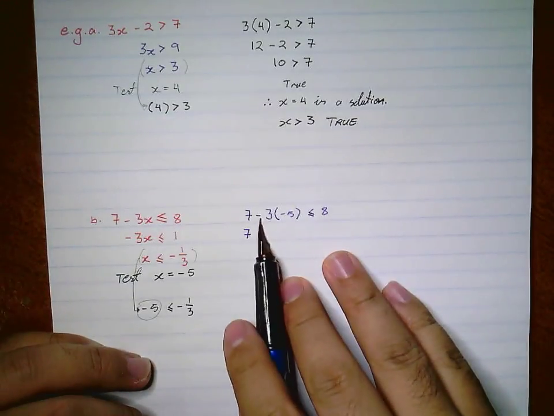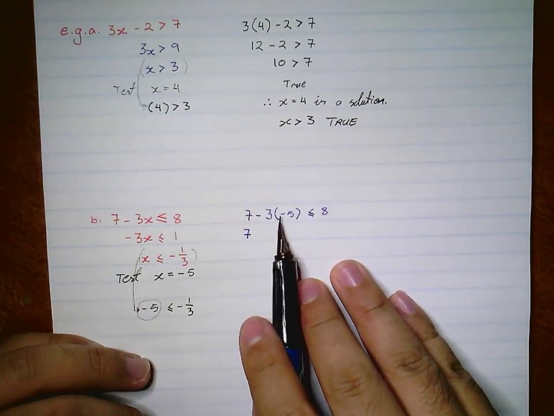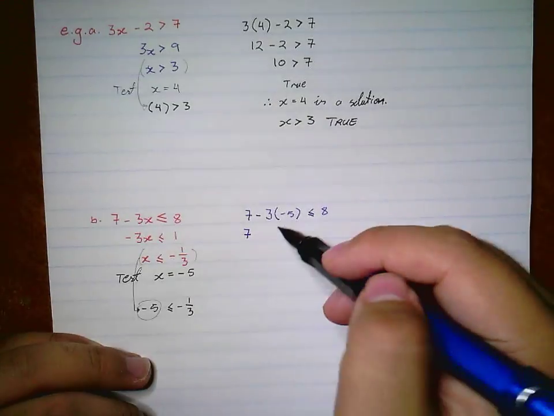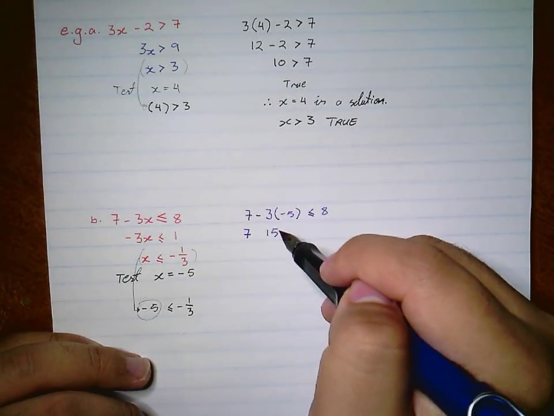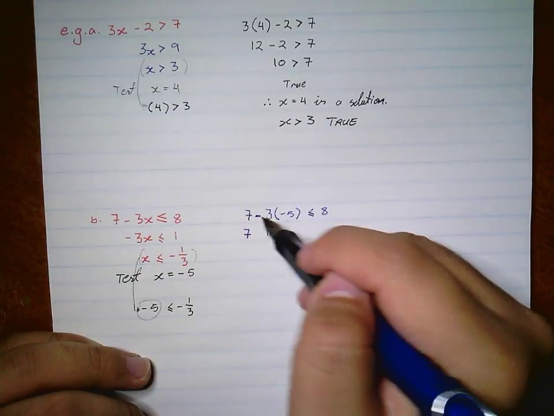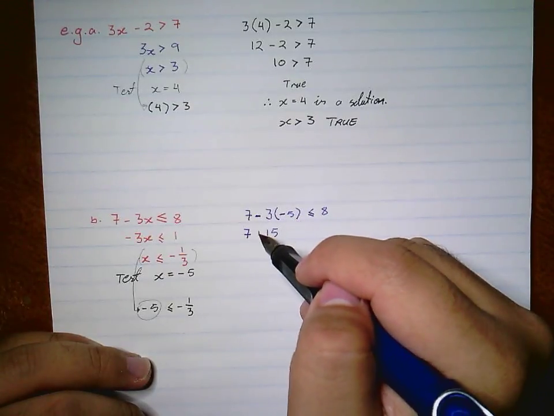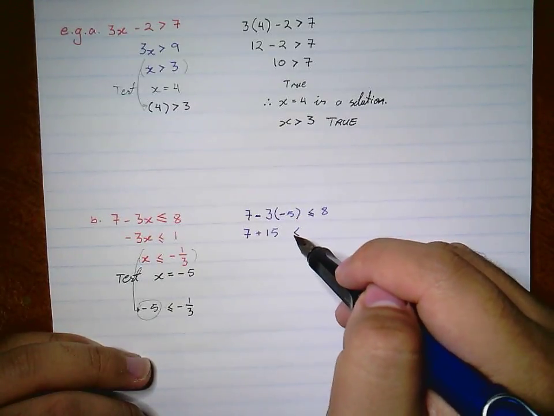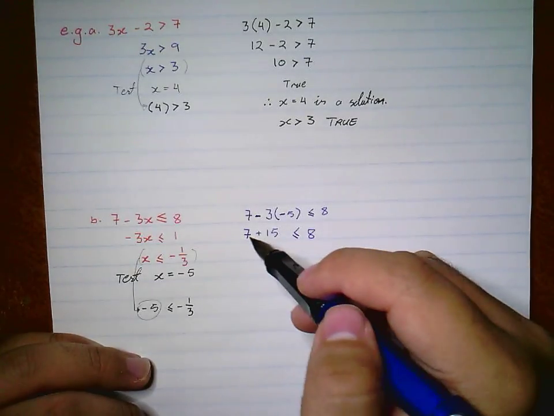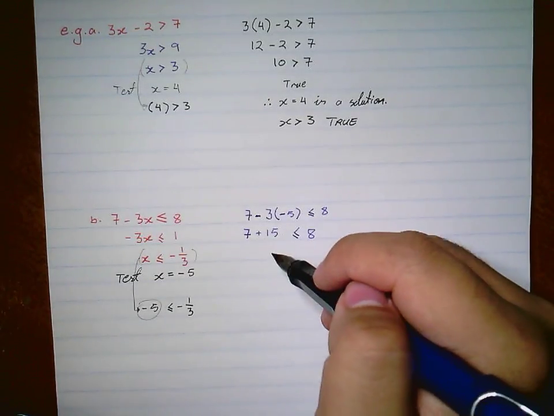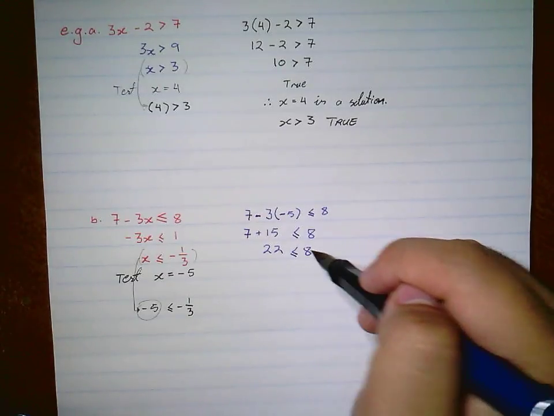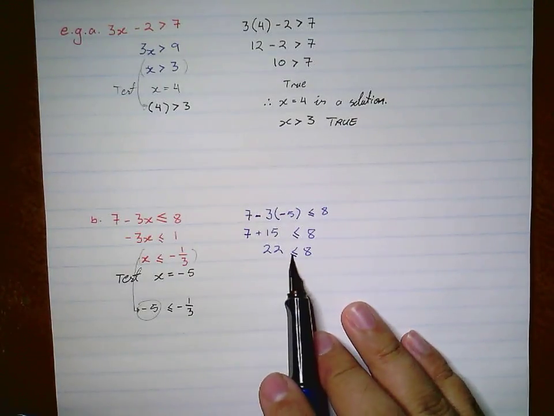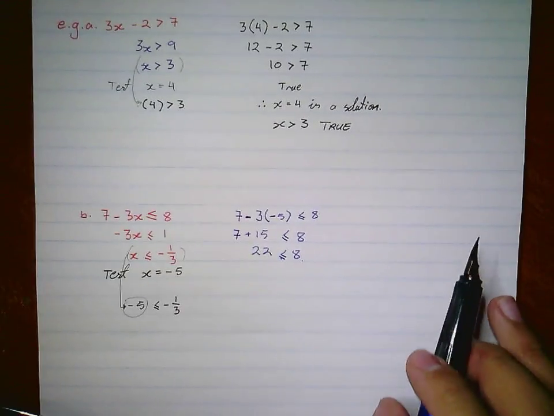Look what happens here. Negative 3 times negative 5. Well, 3 times 5 is 15. But it's negative 3 times negative 5, so it's going to be positive 15. 7 plus 15 is less than or equal to 8. What is 7 plus 15? Isn't that 22? Is 22 less than or equal to 8?